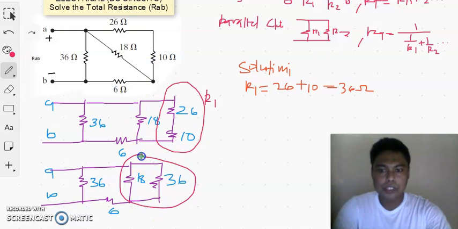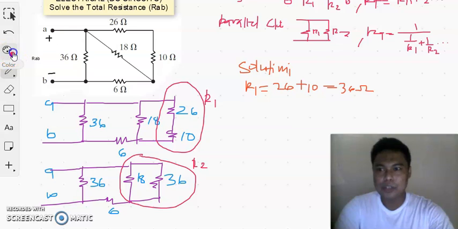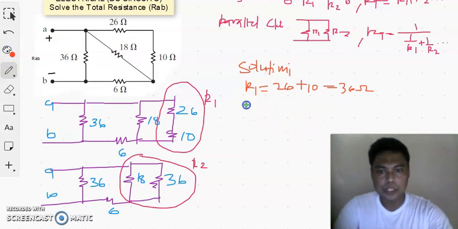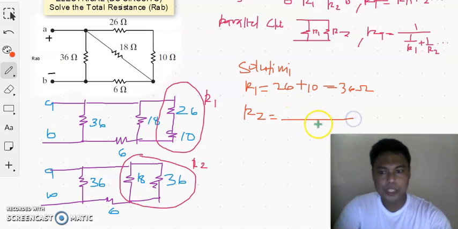They are both parallel. So we assume it as R2. So looking for R2, the circuit is parallel. As I said, if they are parallel, we get the reciprocal of the circuit.